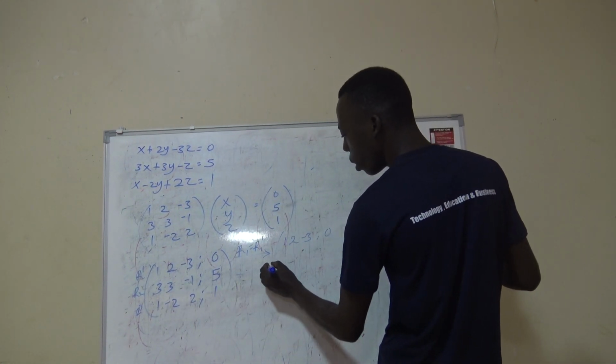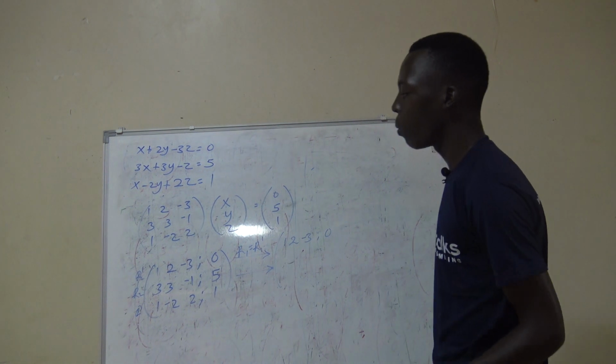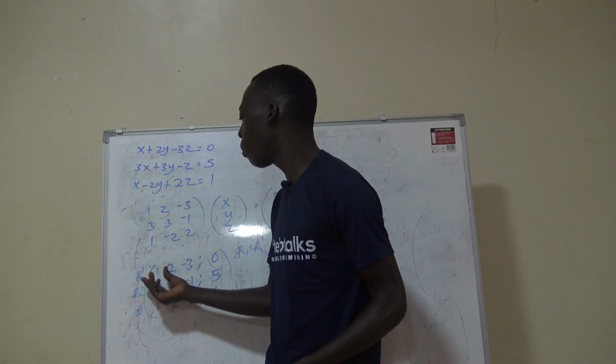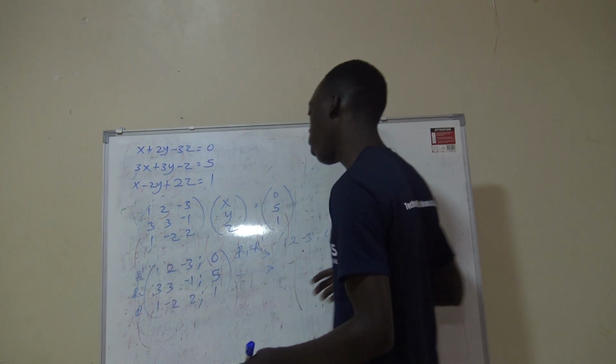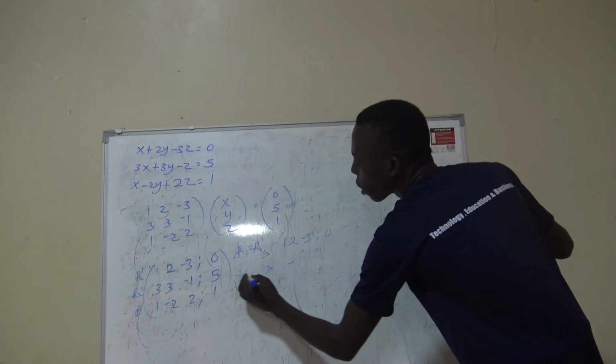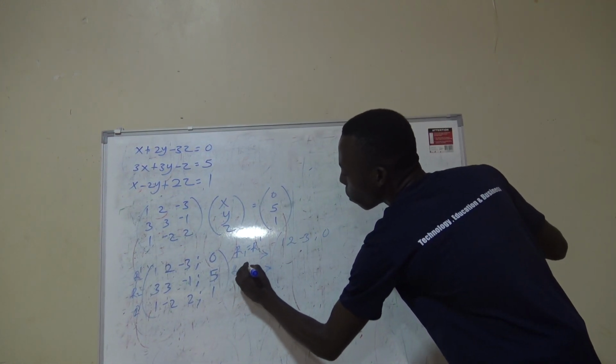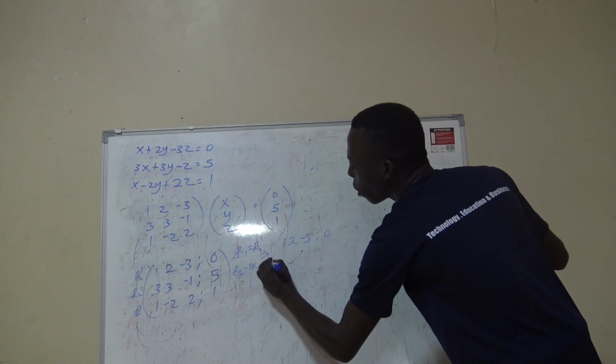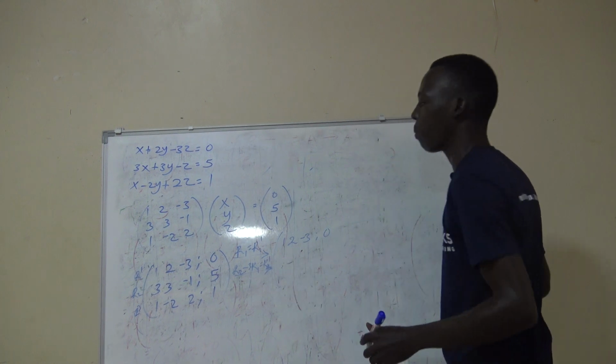For the second one, we have to use elimination, by multiplying this one by 3 and this one by 1, so that R2 minus 3 R1 gives us R2 prime.